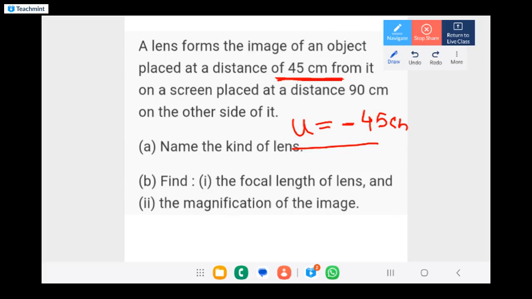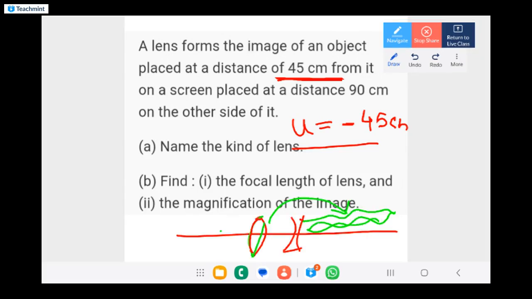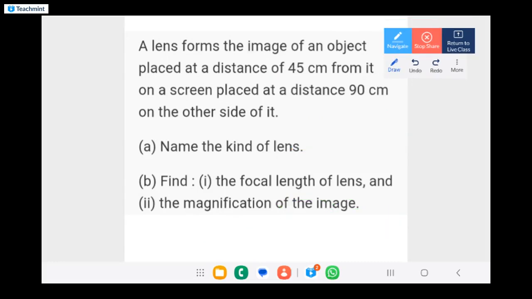And whenever you have any lens, it can be, as I said, a convex lens or a concave lens. If any image is formed on the right side of it, be it concave or convex, anything formed on the right portion of the lens, then always that distance will be positive. So two things we get to know here.